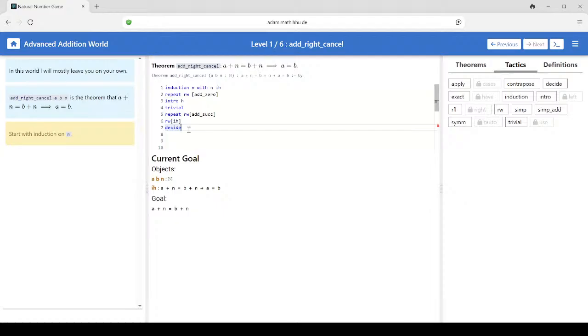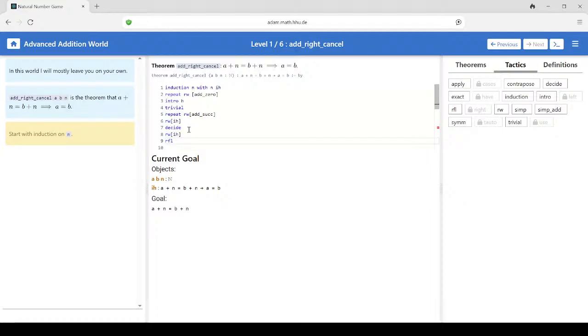I mean, let's just finish, see if I even can finish it from here. I think I can. I should be able to. All I have to do is rewrite IH. No, we're stuck again.